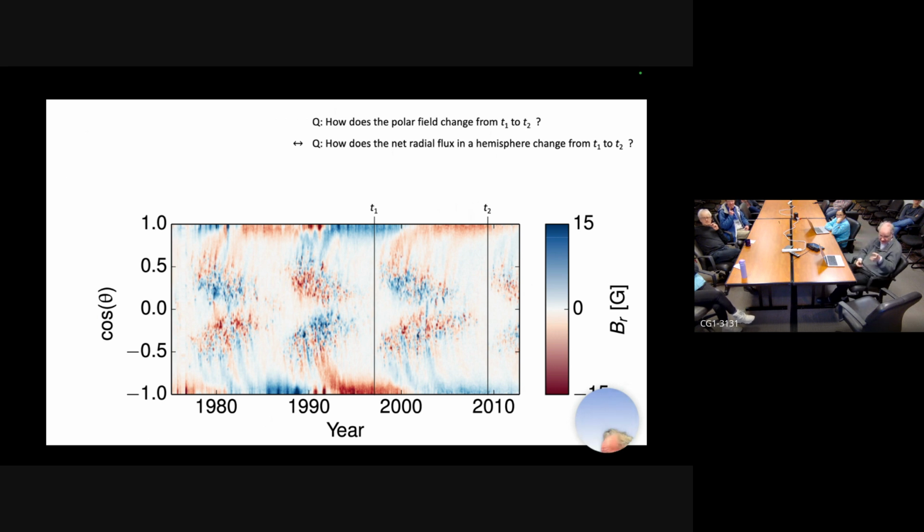You can see from this image that the field at the end of the cycle is concentrated at the poles. So at T1 and T2, all the field is concentrated at the poles.